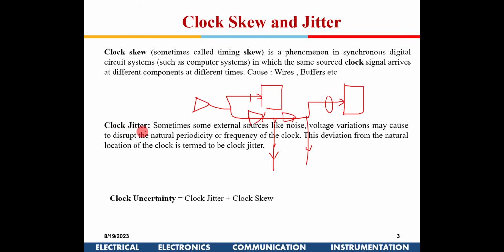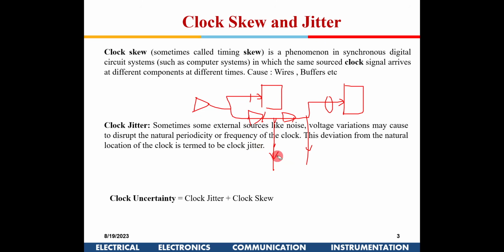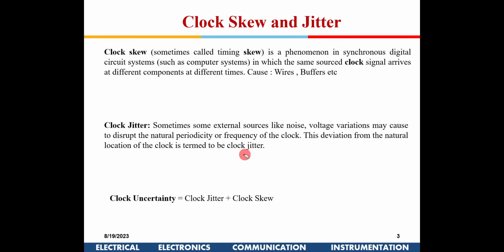Okay, and there could be something known as clock jitter. Okay, jitter is because we studied about PLL also, right? So all those PLLs, and quartz crystal and all. So there could be some noise which is coming from those PLLs.